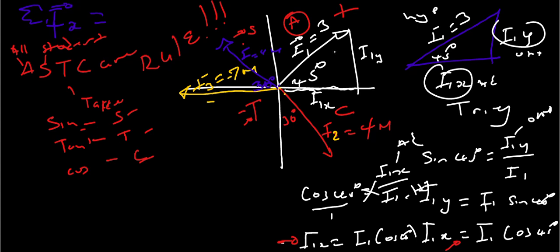I said here it's positive, and here is positive, but here is negative, and also here is negative. So that's why these are not equal on each quadrant.